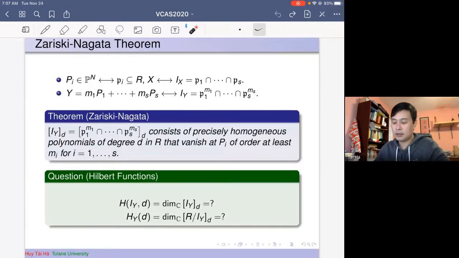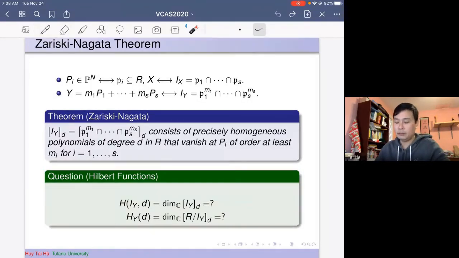And so the question is, given X, given the multiplicities, what is the dimension of the ideal of Y in degree d, or what's the Hilbert function of the variety Y in degree d?